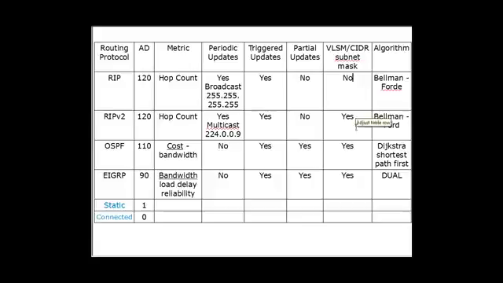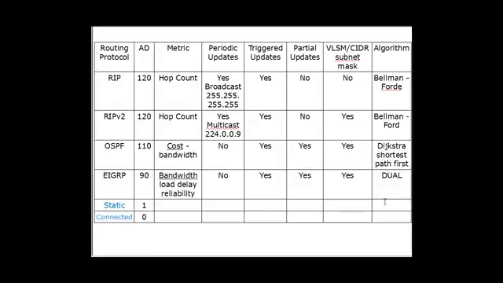But with RIP version 2 and OSPF and EIGRP, the subnet mask is included in the routing protocol, you can configure the routes with a subnet mask, so it's able to do classless interdomain routing and variable length subnet masks, so you can do fancy subnets with RIP version 2, OSPF, and EIGRP.